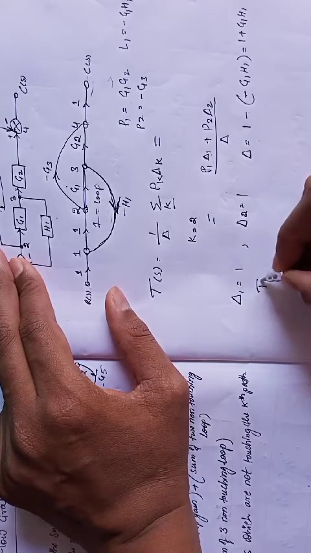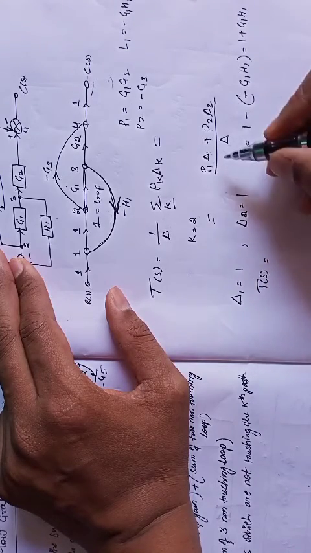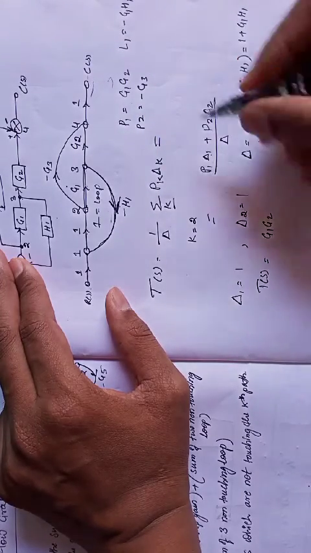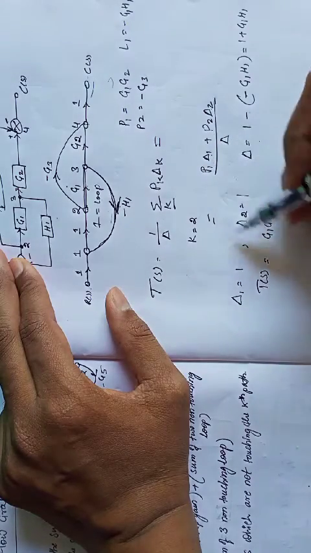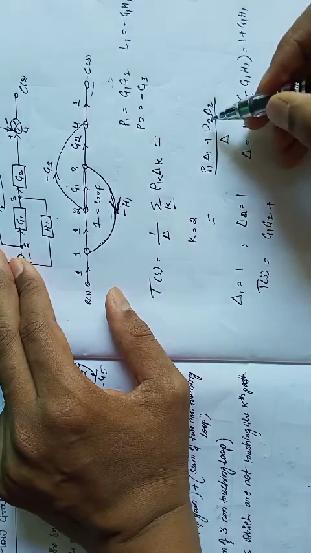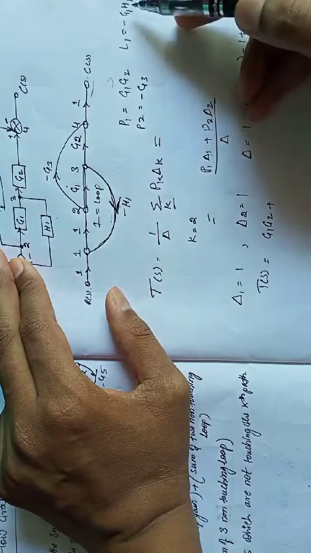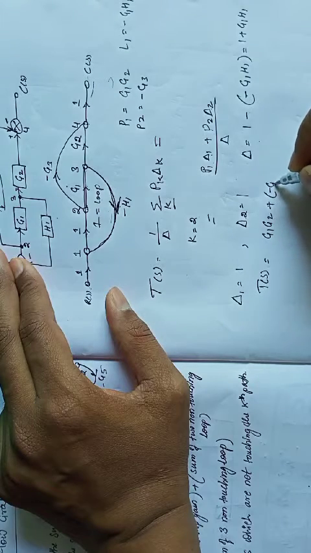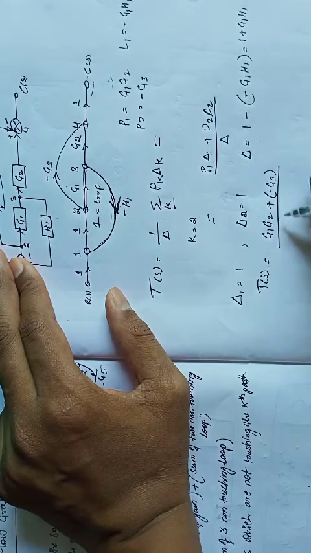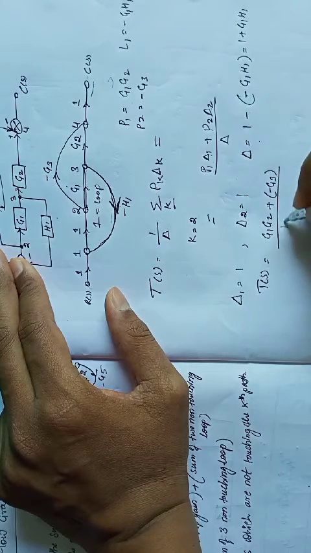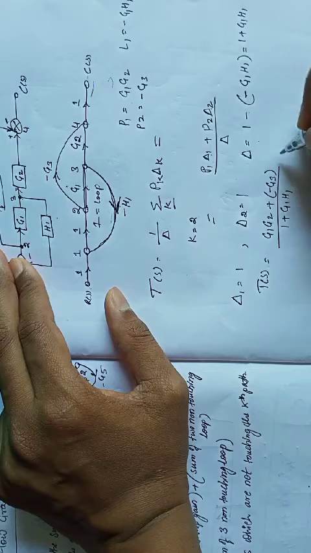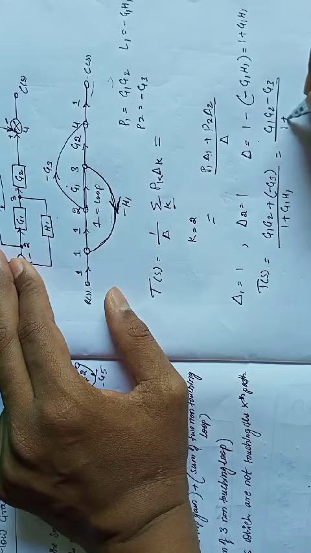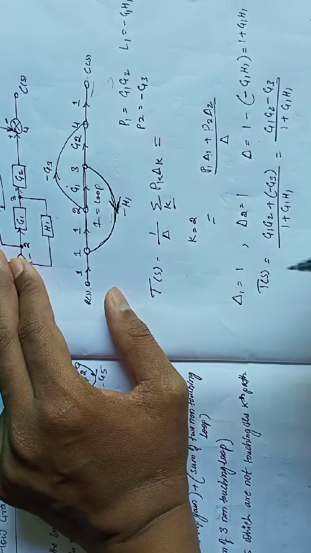That is T of S equals P1, which is G1 G2, times delta 1 which is 1, plus P2, which is minus G3, times delta 2 which is 1, divided by delta, which is 1 plus G1 H1. So it equals G1 G2 minus G3 divided by 1 plus G1 H1. This is the transfer function.